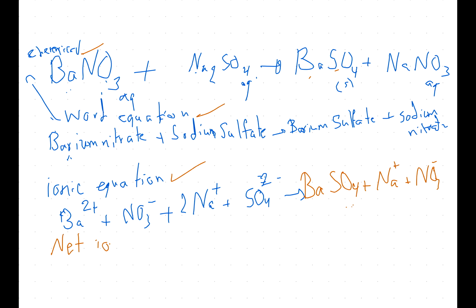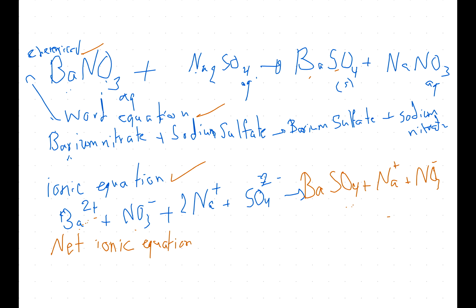What is it? Barium. Can I cancel it? Is there any barium ion on the right side? I don't see one. Yusuf, is there any nitrate ion on the left side and the right side at the same time?